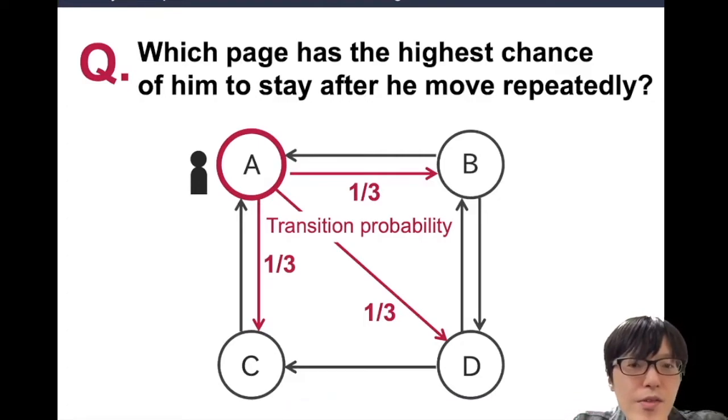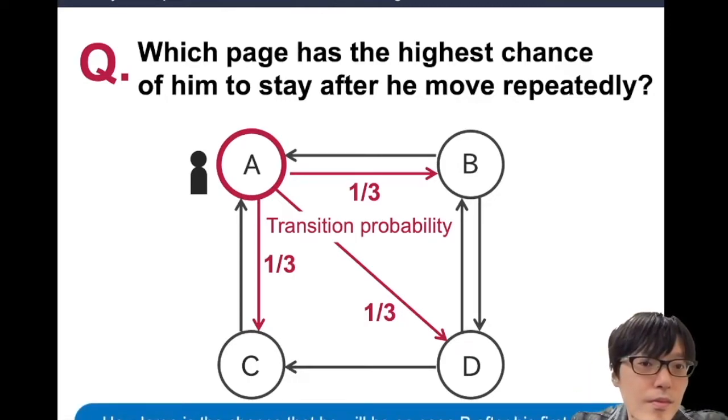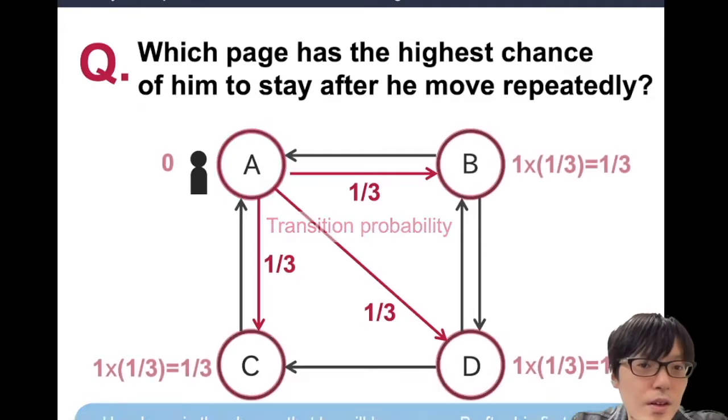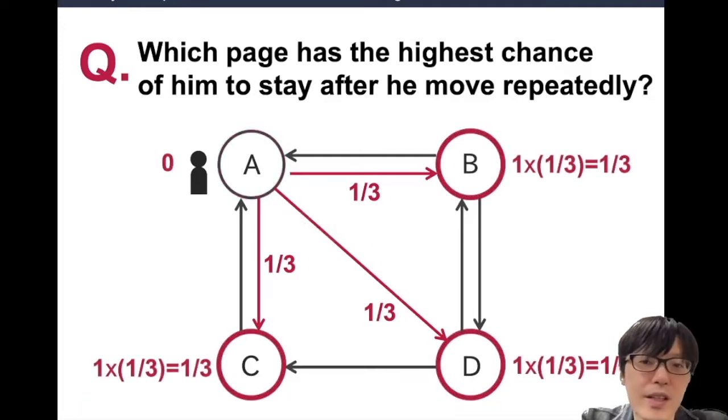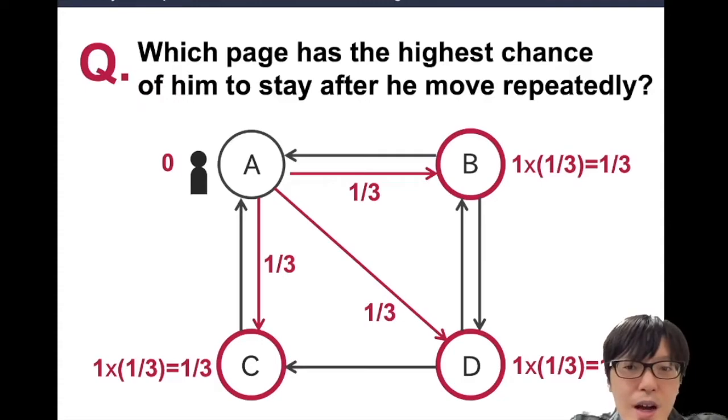So I have a question for you. How large is the probability that he will stay on page B after his first transition? We can calculate such a probability like this. Before his first transition, the probability that he stayed on page A is 1.